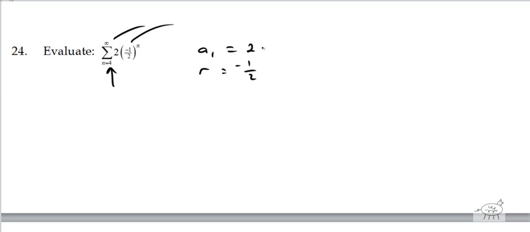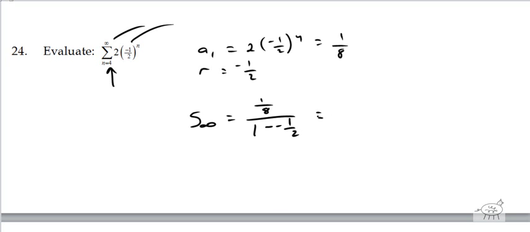So it's 2 times -1/2 to the 4th power. So a sub 1 comes out to be 1/8. And then we stick it in a nice little friendly formula. S sub infinity is equal to a sub 1, 1/8, divided by 1 minus -1/2. Make sure you use, again, parentheses on the bottom there. And s sub infinity is 1/12. Okay, not bad. Okay, we're getting there.